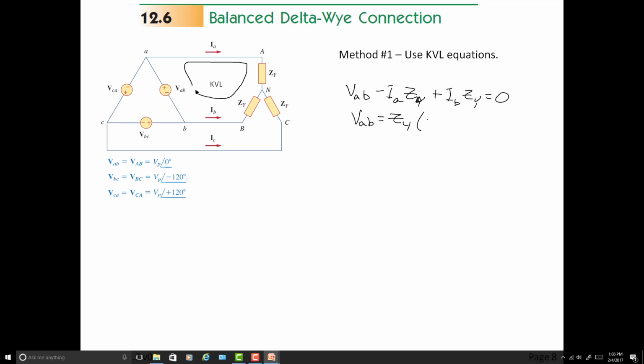All right, so we can pull things together and get that VAB is equal to what? ZY times IB plus IA. Let me write this again. VAB is equal to, taking all this stuff over to the right side, ZY times IA minus IB.